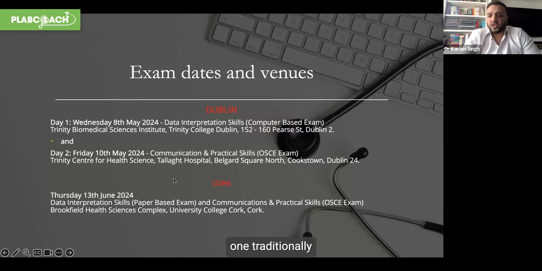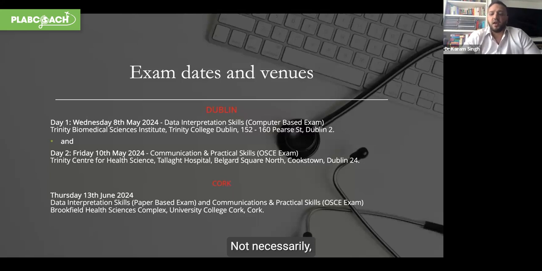The Cork one traditionally has been, I would say, the easier of the 4 centres, so Galway, Limerick, Dublin, and Cork. Cork has traditionally been the easier of the 4 major centres for the PRES 3. Does that mean it's going to be easy this time around?